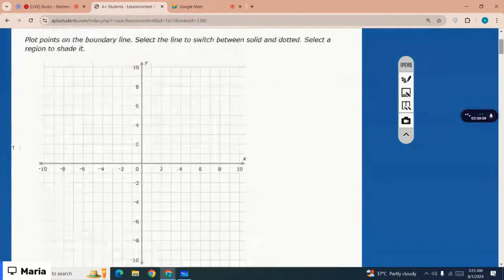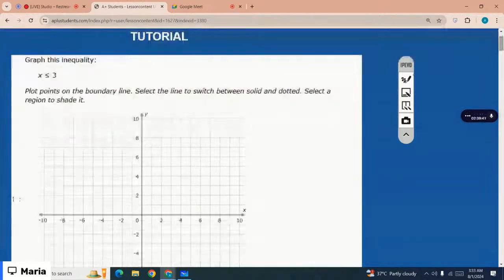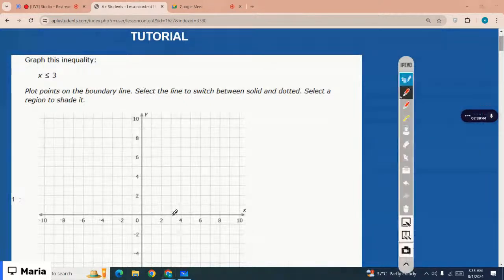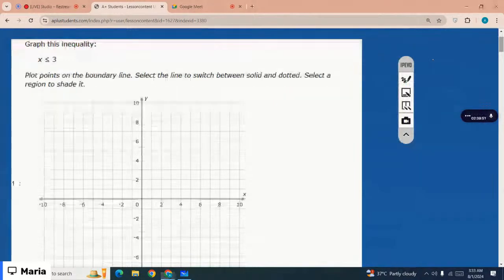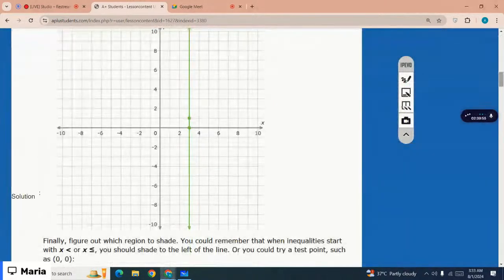Okay, so x is less than or equal to 3. So here is x equals 3, right? So you need to draw a line on x equals 3 like this, right?